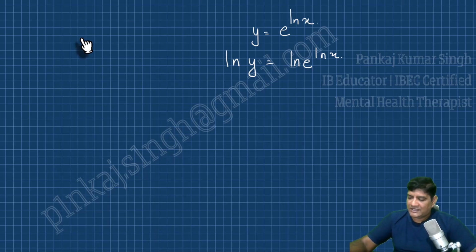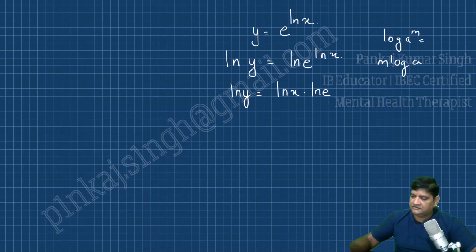Now I can apply the law of logarithms, which is log of a to the power of m equals m log a. Therefore, ln y is simply equal to ln x times ln e. Ultimately, I will have ln y equal to ln x, because log e to base e is 1, and here ln can be cancelled from both sides. So I get y is equal to x.